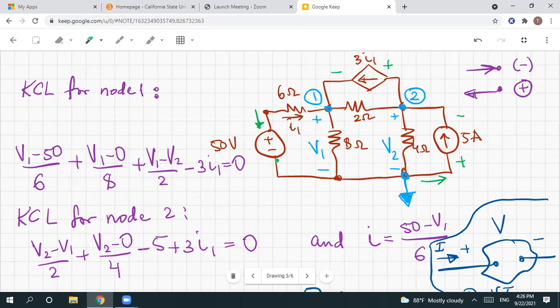Here is the same. And the current of this current source is also assumed to go into the positive terminal and leave the negative terminal.